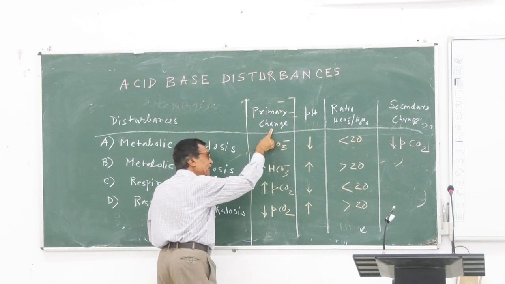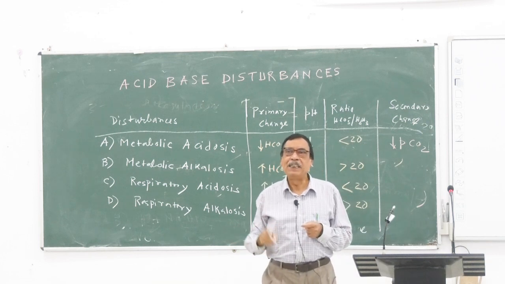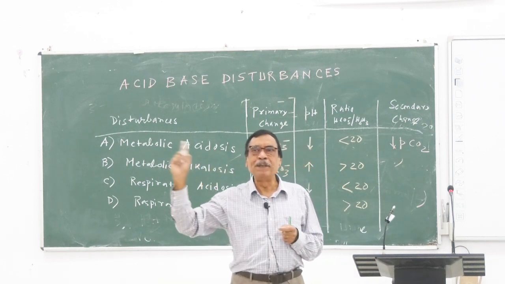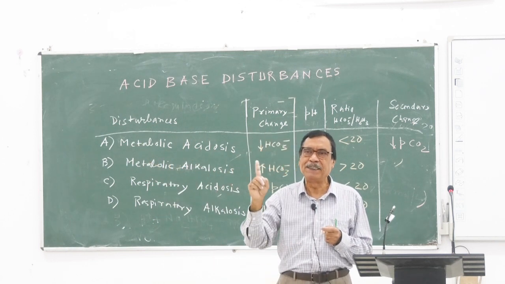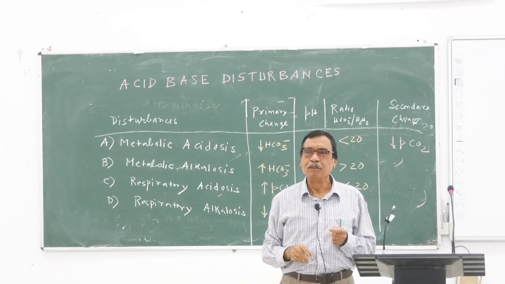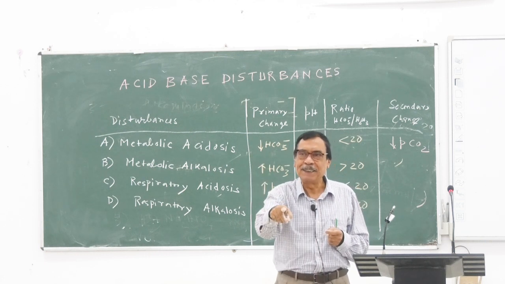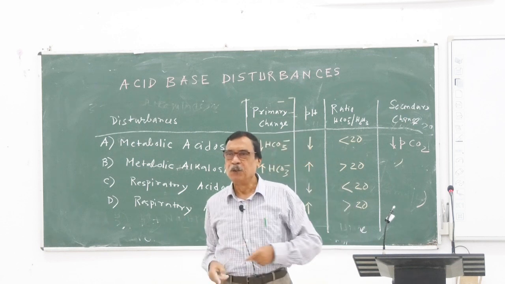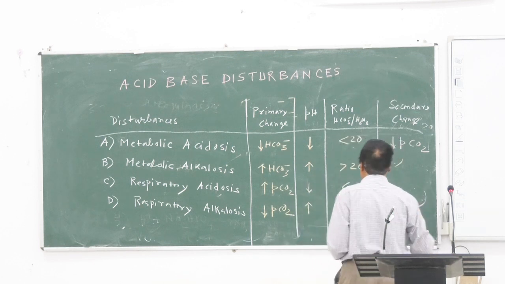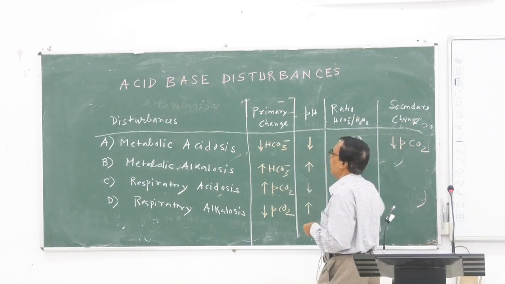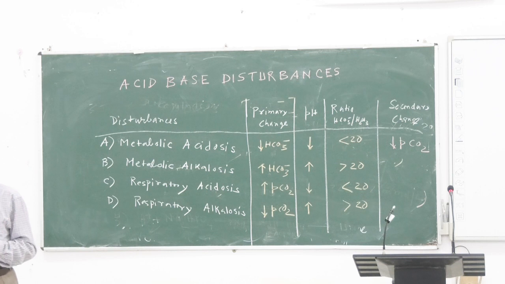যে প্যারামিটারের চেঞ্জ হবে প্রাইমারিলি, ঠিক তার অন্য প্যারামিটারের চেঞ্জ হবে, সেটা হবে সেকেন্ডারি চেঞ্জ। যদি বাইকার্বনেট প্রাইমারি চেঞ্জ হয়, তাহলে সেকেন্ডারি চেঞ্জ হবে কার, PCO2। কোন দিকে হবে, যেদিকে প্রাইমারি চেঞ্জ হয়েছে, মানে ডিক্রিজ হয়েছে, ওটাকেও ডিক্রিজ হতে হবে, তাহলে তো রেশিওটা নর্মালের দিকে যাবে। কেন হয়, যখন বাইকার্বনেট আয়ন কমে যায় তখন কি হয়?